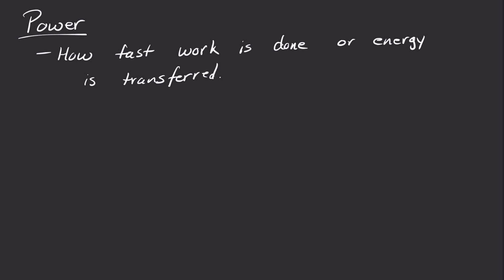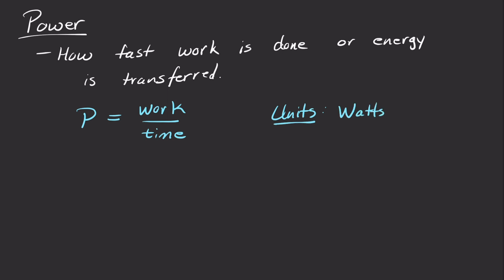Okay, so if we look at our definition, that means power is going to be the work over some amount of time. So the units are going to be watts. And if we look at this equation, work per time, that means a watt must be, let me write it like this, 1 watt, capital W, is 1 joule per second.